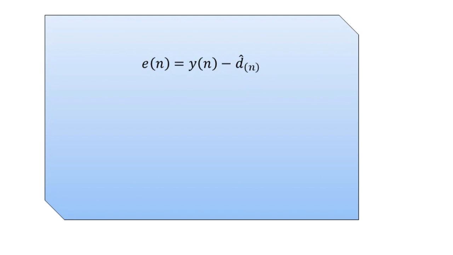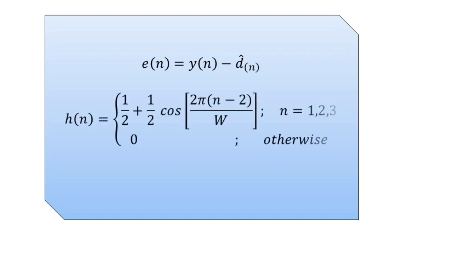Now coming to the exact details of the channel equalization process in the adaptive way, let us have the representation in mathematical expression form for the channel unit sample response, denoted by h of n. So h of n, for n equal to 1, 2, 3, will have the value computed by half added to 1 by 2 times cosine of 2 pi in the bracket n minus 2 divided by w.